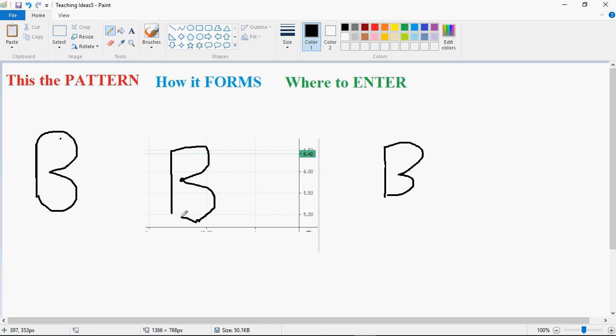And see, you're right. It went up. That is the purpose of the pattern. The pattern will help you know where to enter and which direction it's going to go, because it's forming into the complete pattern. That's clear, right?